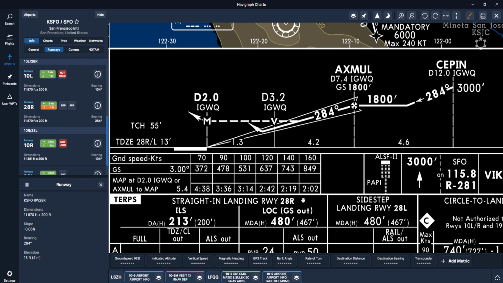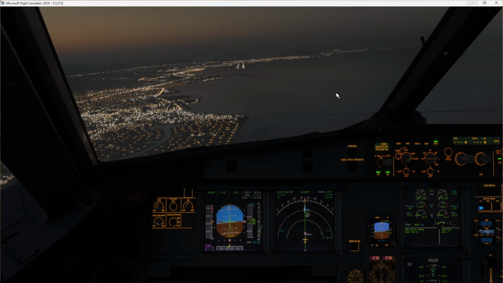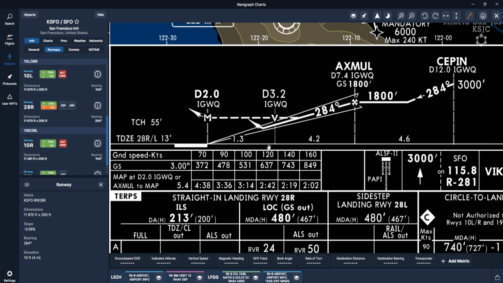The aircraft is category C, so our ground speed is going to be between 140 and 160, or in this range.